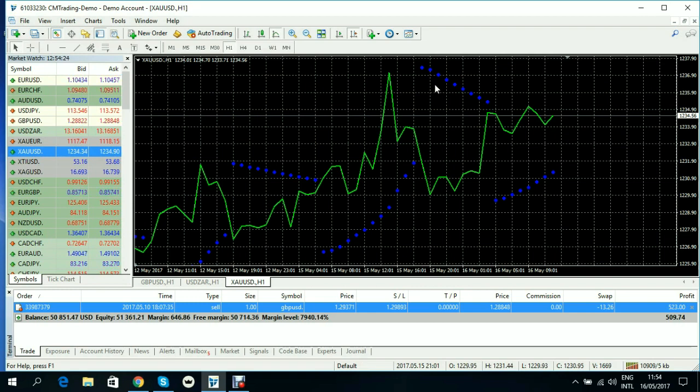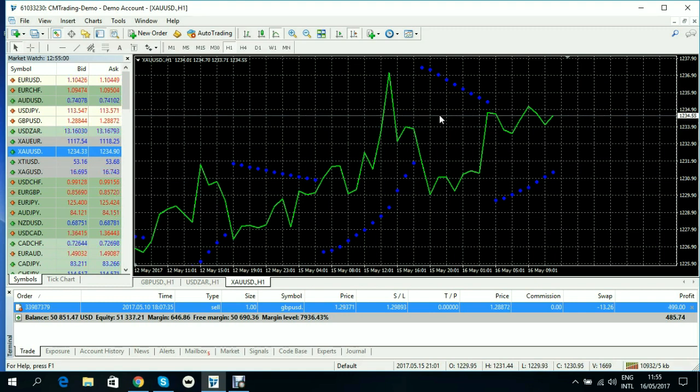Also, it is the easiest indicator to explain and even to use. Most of the indicators actually focused on catching the beginning of a new trend, but the Parabolic Sar indicator does more than that.